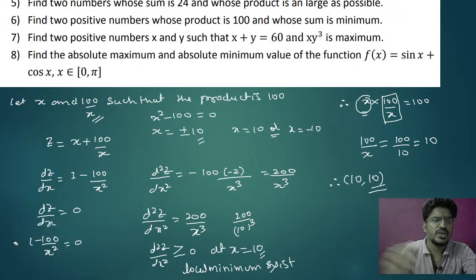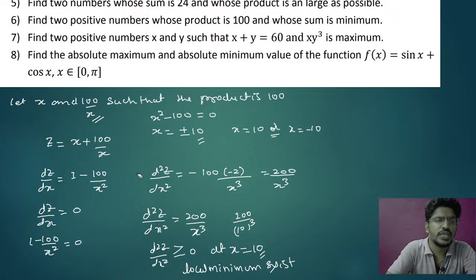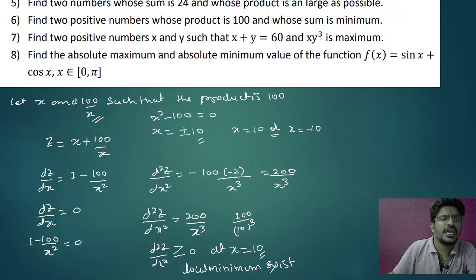So both the terms are 10. If you get confused here, because some of you can get confused, what you do is this: you take the first term as x and the next term as y.